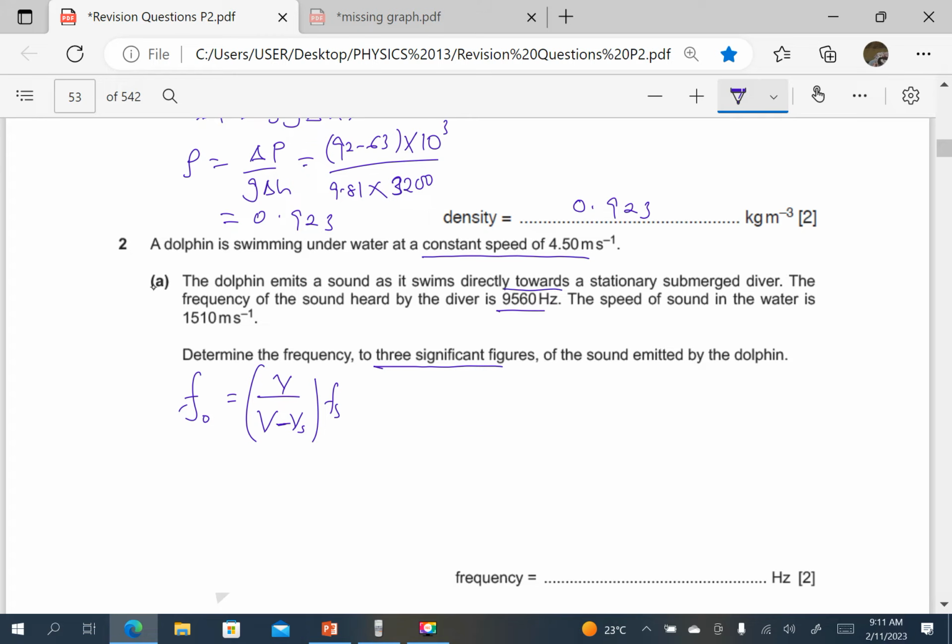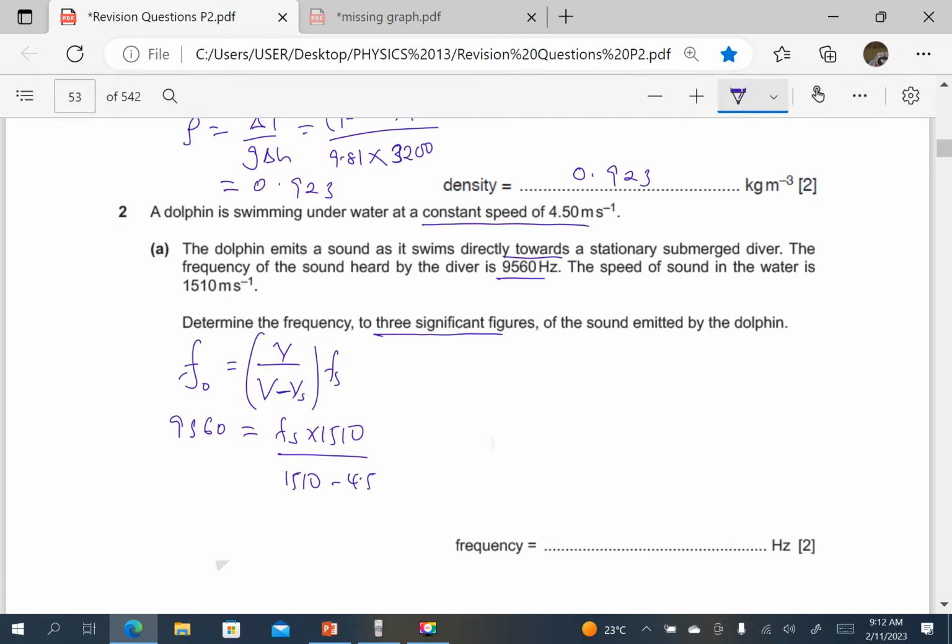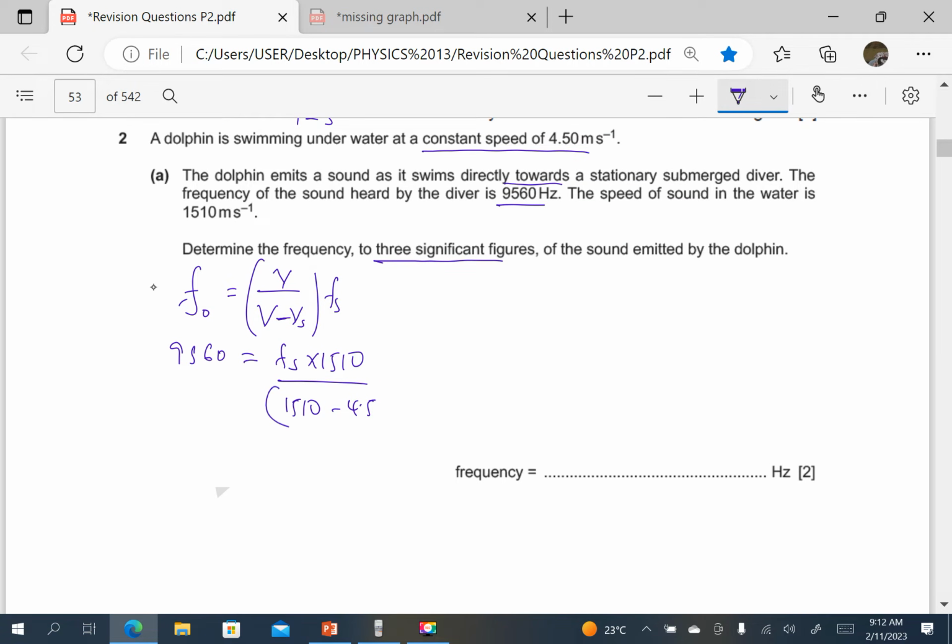So the observed frequency 9560 is equal to the frequency of the source, which we don't know, times 1510, which is the speed, divided by 1510 minus the speed of the dolphin, which is 4.5. So this should give us fs.